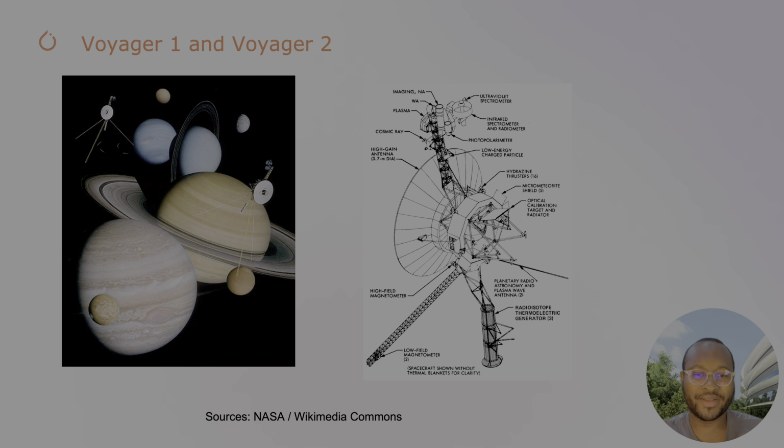Now, before we go into it, I want to talk about the Voyager program, which is really something that influenced my mindset while working on the thesis. Imagine NASA launched Voyager 1 and Voyager 2 in 1977 using a technology that is weaker than our smartphones today, right? And today, for example, Voyager 1 is the farthest human-made object from Earth.